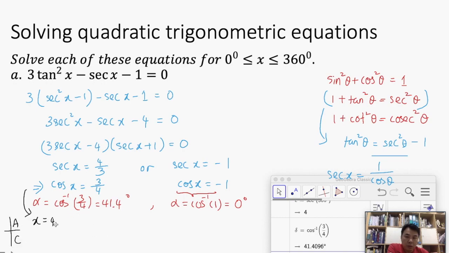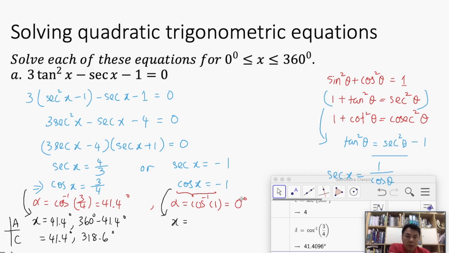The 1st quadrant gives 41.4 degrees, and the last quadrant will be 360 degrees minus 41.4 degrees, which is 318.6. Yeah.